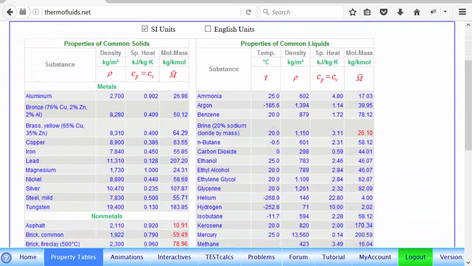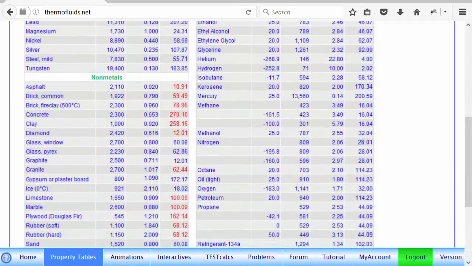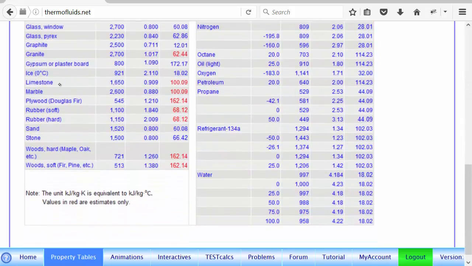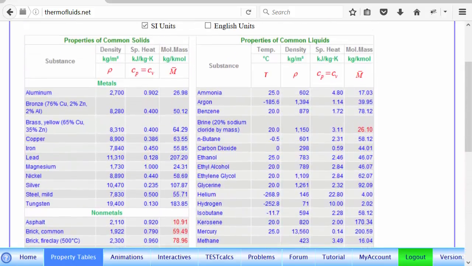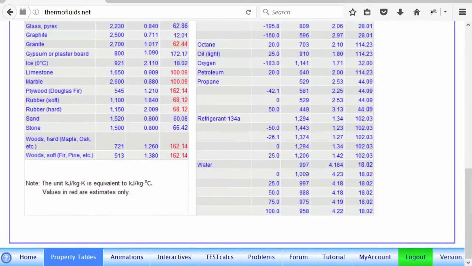If you click there, you find liquids on the right side, water. Notice water is given at several different temperatures, but generally it's standard to assume water density to be about 1000 kg per meter cube.